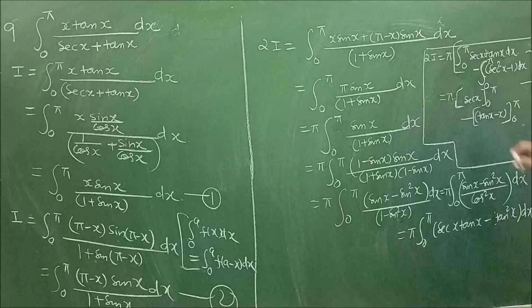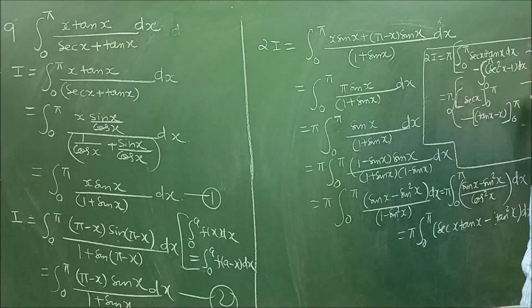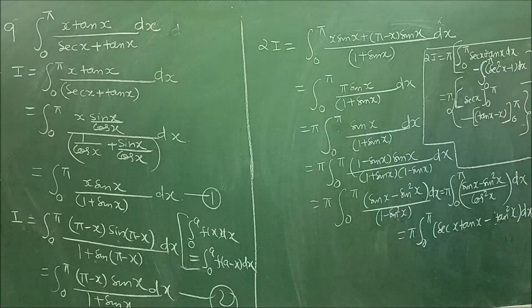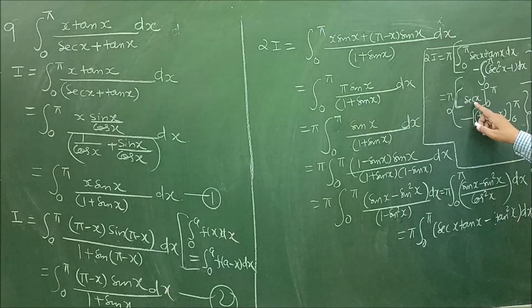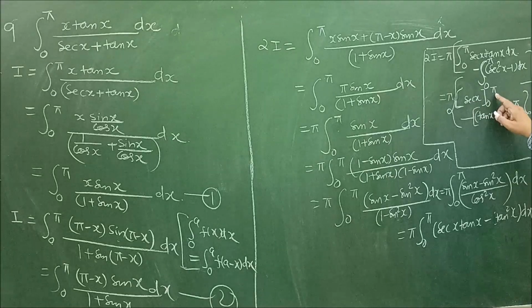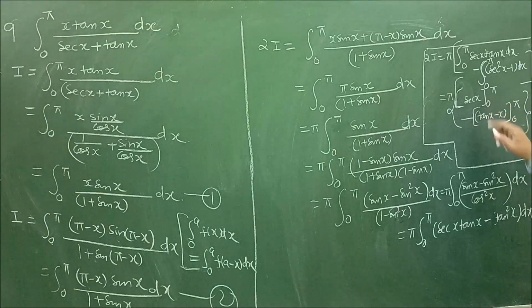Now this pi is outside the whole value. Now let us solve it further. Putting the value of upper limit, sec pi minus sec 0.